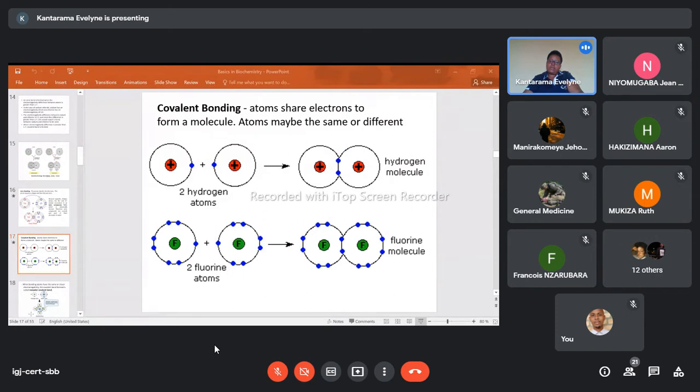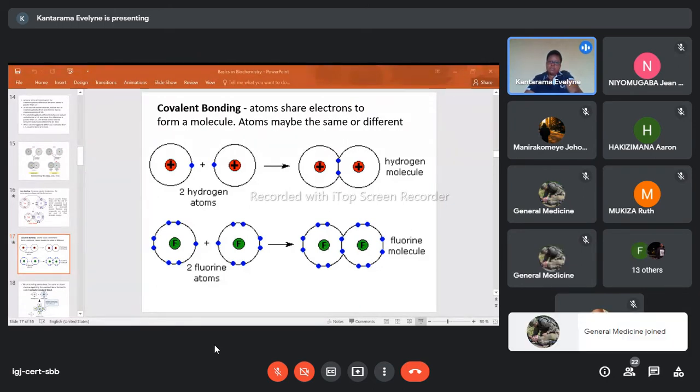When the atoms have the same or close electronegativity, the resultant bond is a nonpolar covalent bond. For example, the bond between hydrogen and carbon is a nonpolar covalent bond because their electronegativity is very close, so the difference is low.